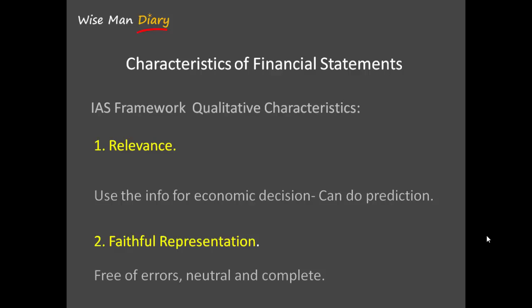Faithful representation means the financial statements should be free from error, neutral, and complete. Free of errors and complete are self-explanatory, but neutral means that whoever prepared the financial statement was not trying to make the company show more profitability or show more loss.